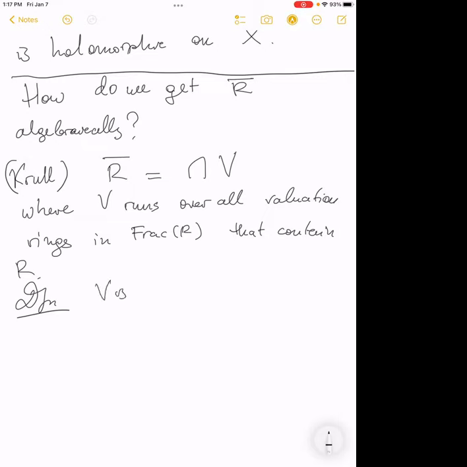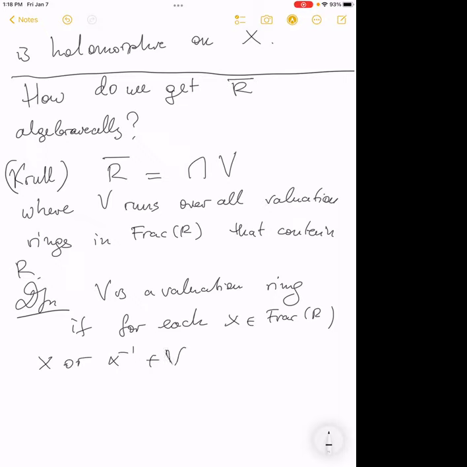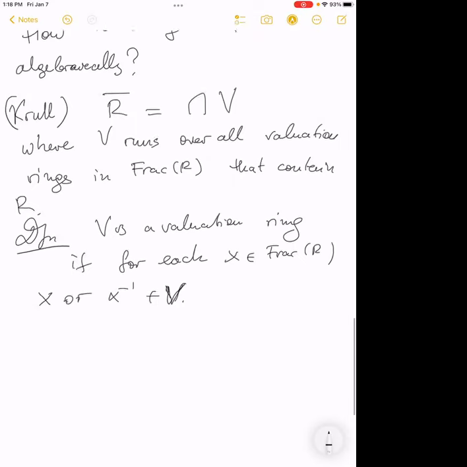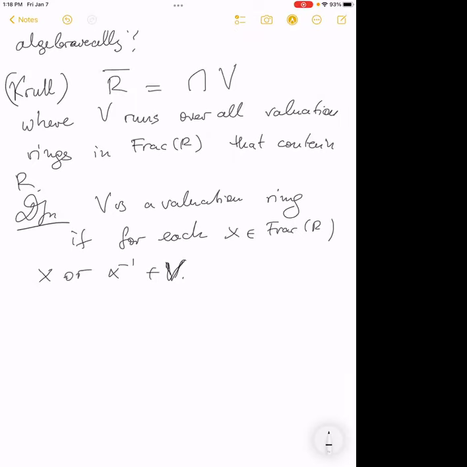So V is a valuation ring if for each fraction X, either X or X inverse is in V. Okay, so this is not a very descriptive definition. I will give a descriptive definition of a special class of valuation rings called discrete valuation rings in a second.